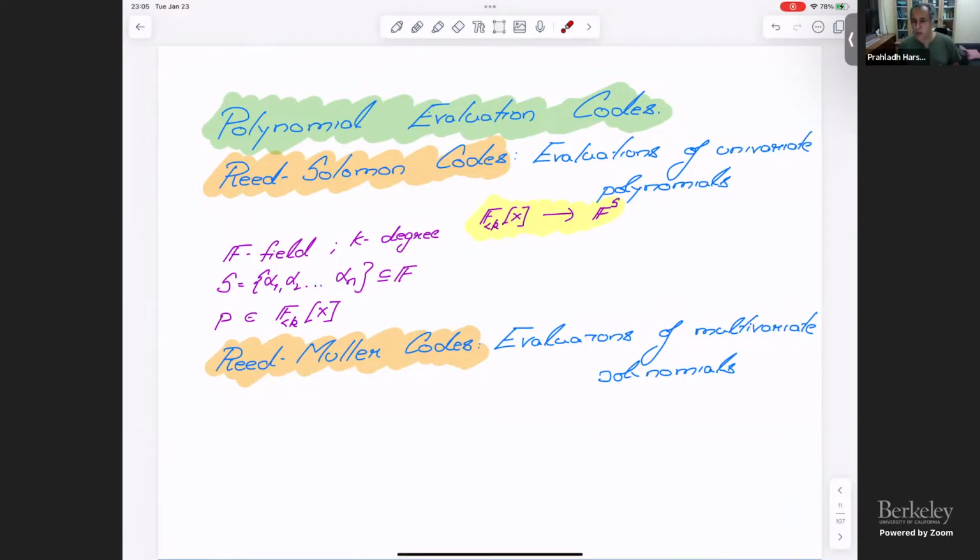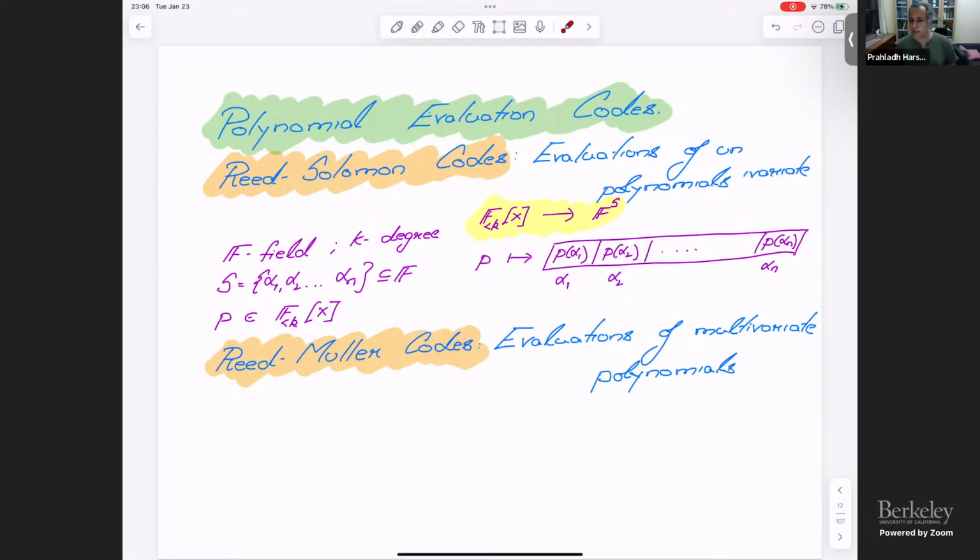And then you encode this message by S elements from the field. The encoding is basically, you take the polynomial and write down its evaluation at each of these evaluation points. So P is encoded as P of alpha 1, P of alpha 2, up to P of alpha n. In short, I'll represent it this way.